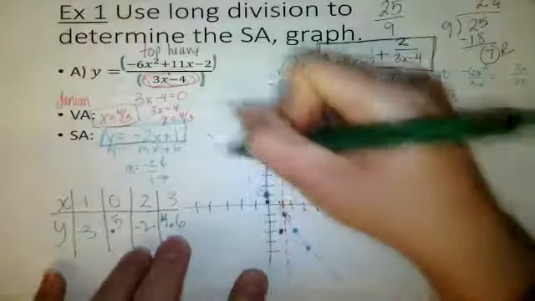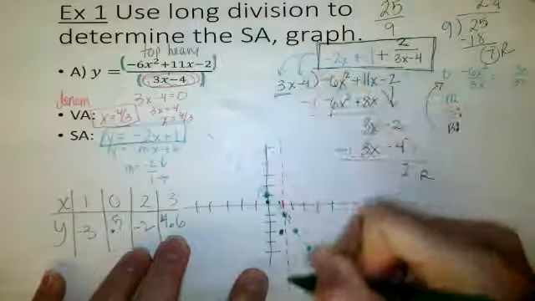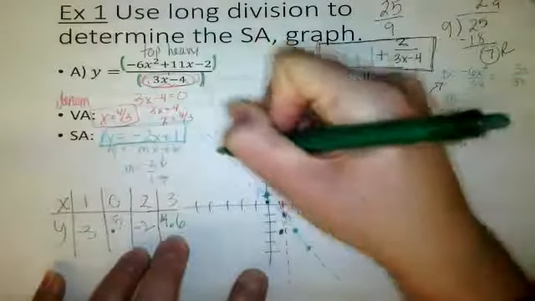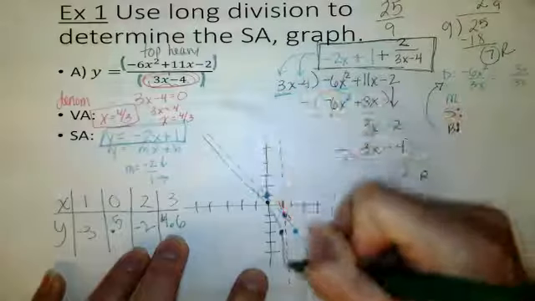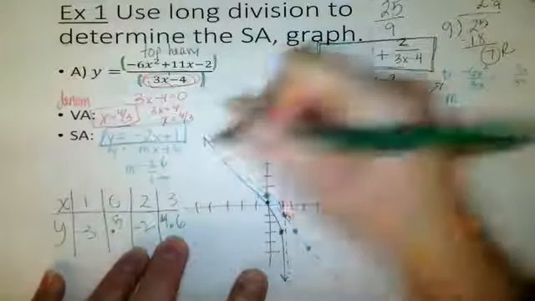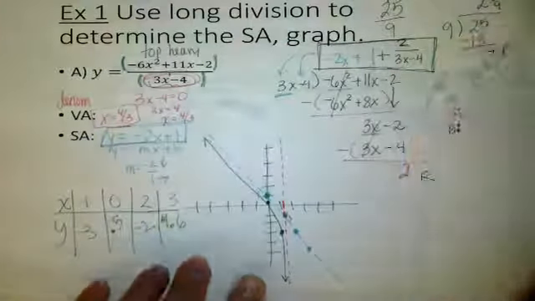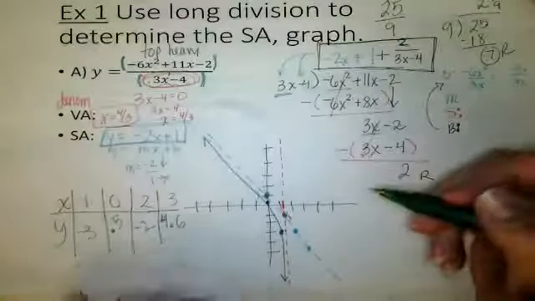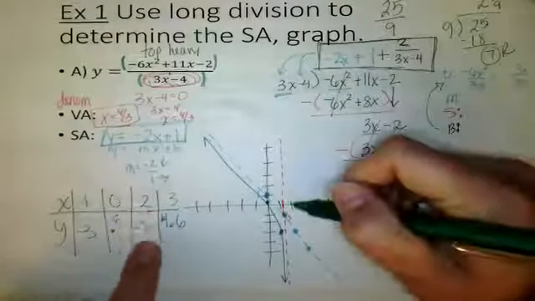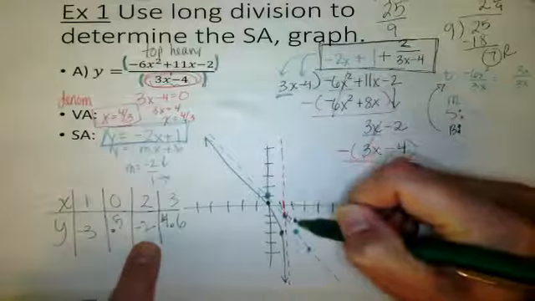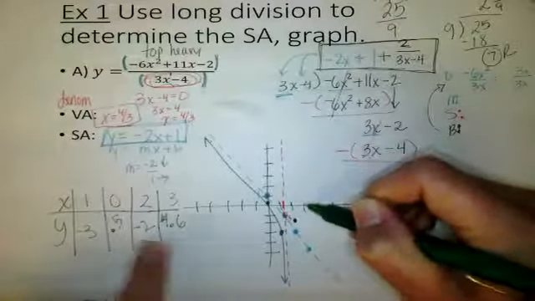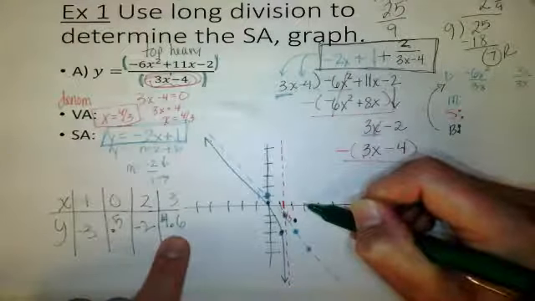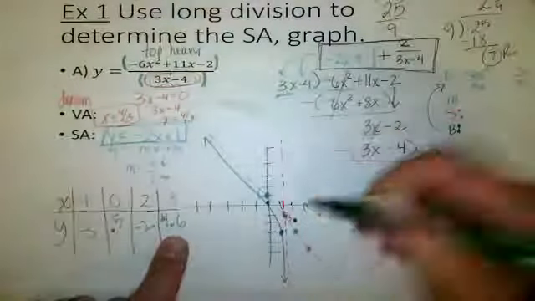What's happening is we're just running right along these two asymptotes, just like that. And so sort of wide hyperbola. We have 2, negative 2, which is about right there, and 3, negative 4.6.